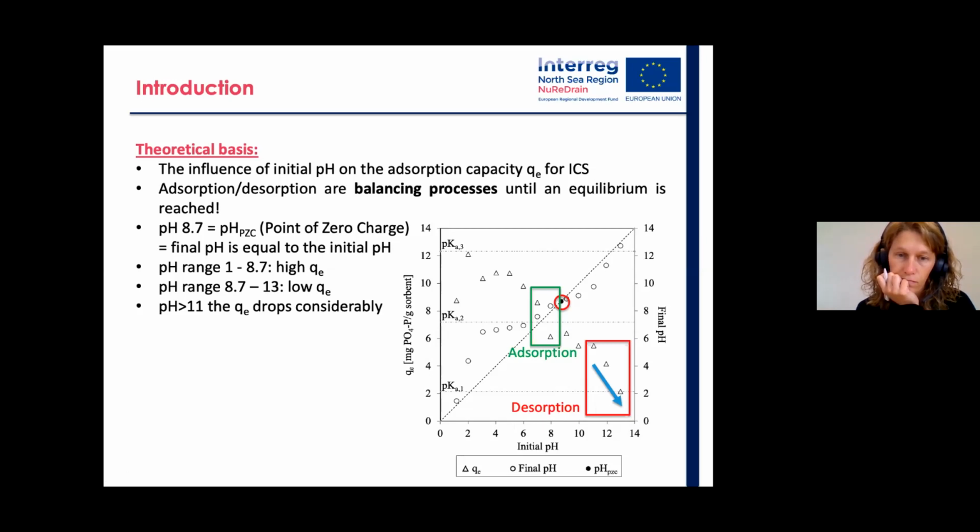There is one important pH, and we call it the point of zero charge, and I've marked it on the graph.